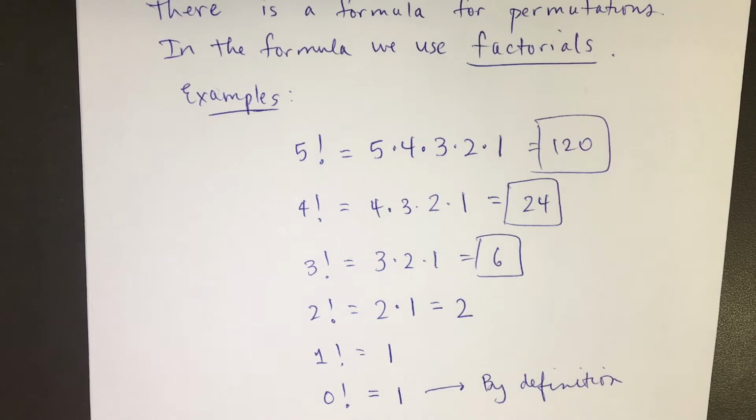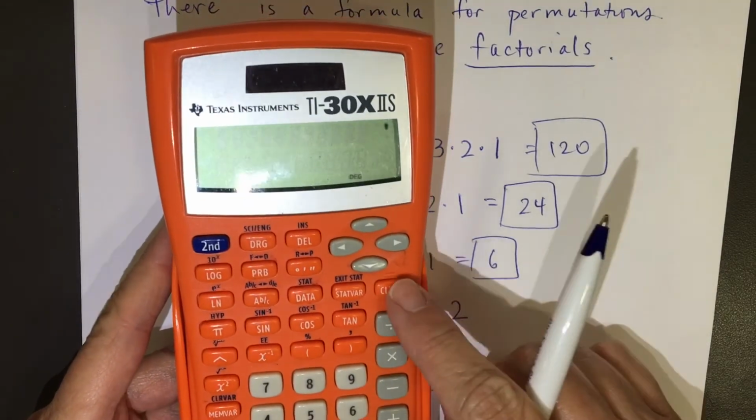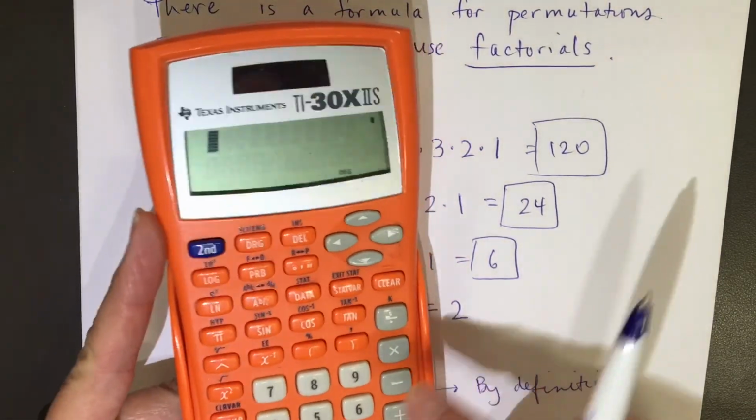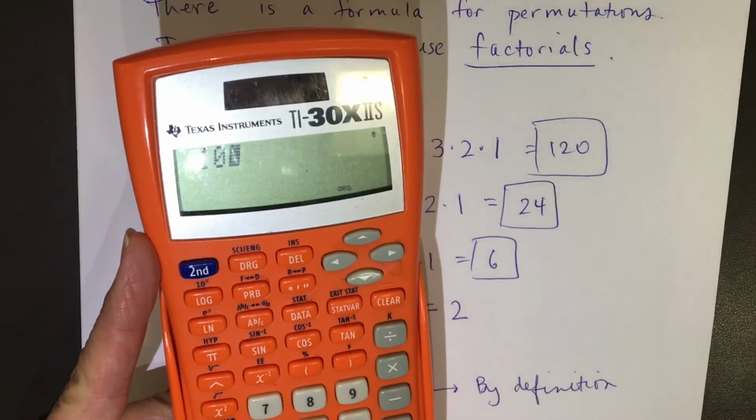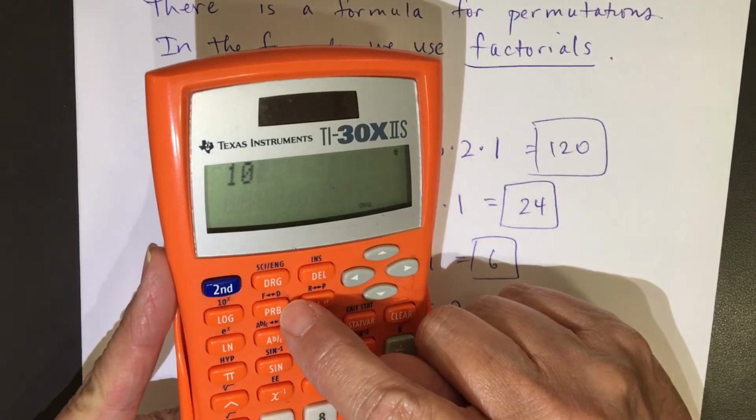Now, if I want to compute something like 10 factorial, do I really want to do 10 times 9 times 8 times 7 all the way by hand? Probably not. There is a factorial key on your calculator, so I will show that to you. I'll put in 10. Here's this probability key. It's PRB.